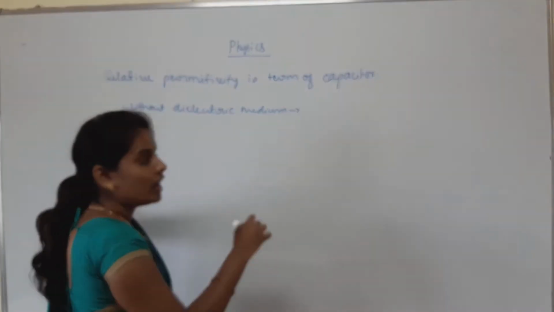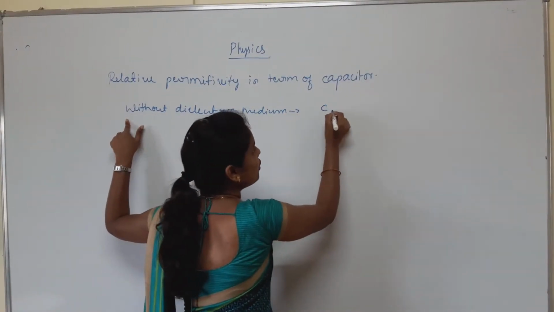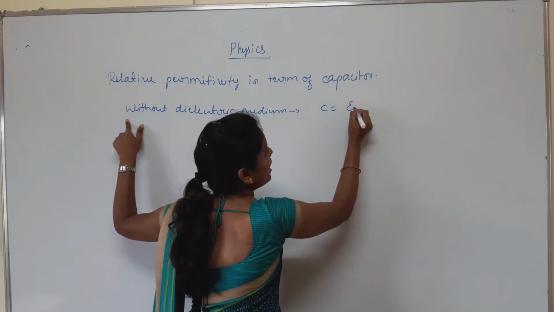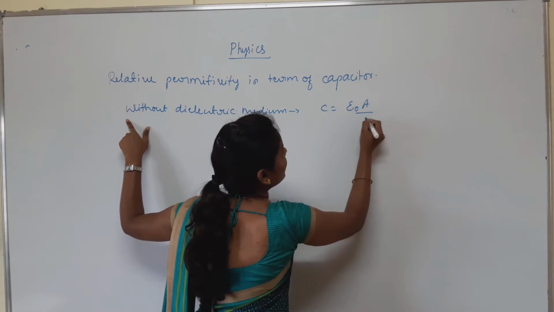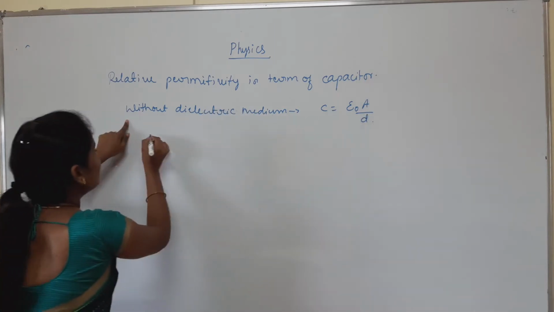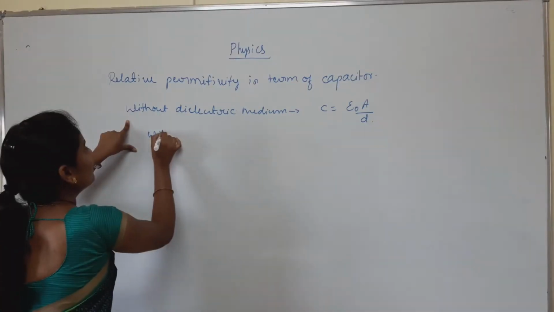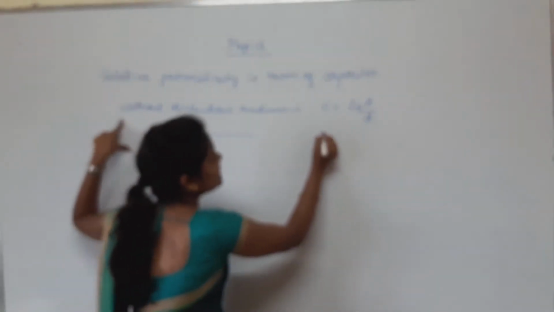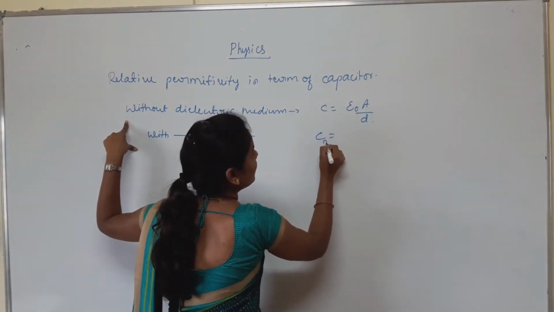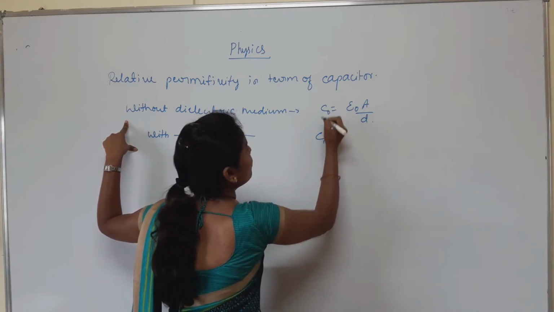We already derived that C equals epsilon naught A divided by D, and with dielectric medium it is given by C equals Cm.